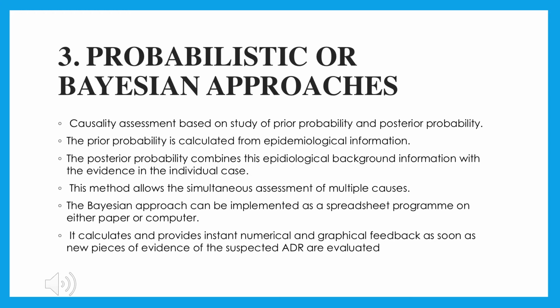Whereas posterior probability combines the epidemiological information with the present evidence that has developed. This method allows simultaneous assessment of multiple causes, and this approach can be implemented as a spreadsheet on paper or on a system. It calculates and provides instant numerical and graphical feedback so that we can evaluate the suspected case easily.